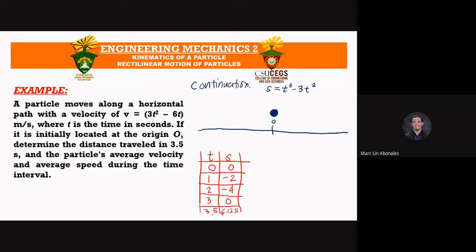So we will use this data to analyze or describe the motion of the particle. First is time equal to 1, that is negative 2. The values along the horizontal line indicate the position of the particle at every time. So at t equal to 1, that is negative 2.